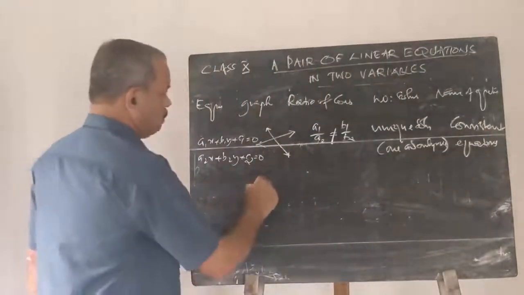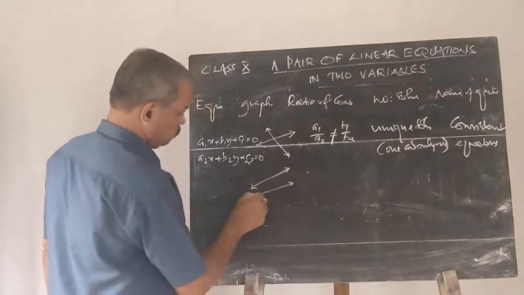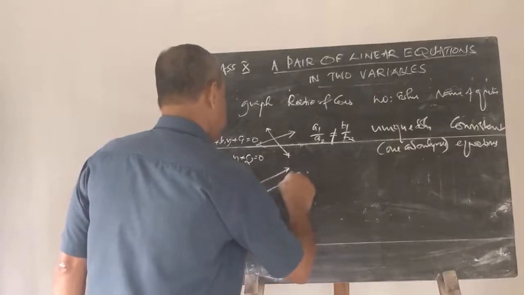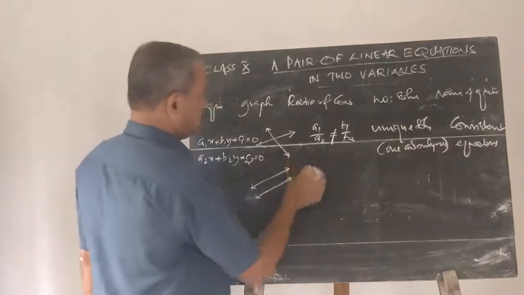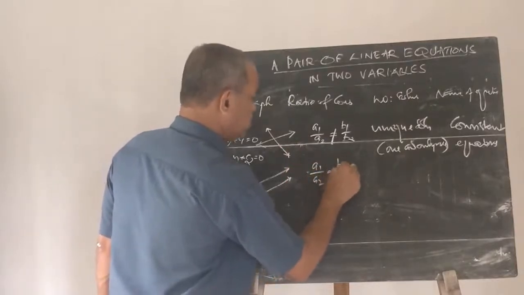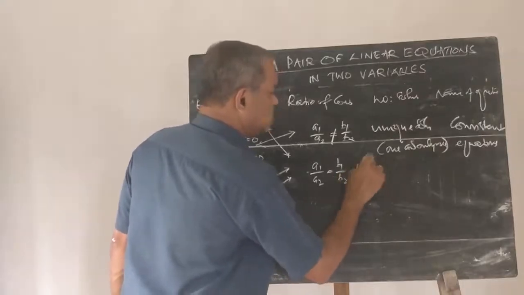Second, parallel lines. Graph of parallel lines. Nature of the ratio of the coefficients: a1 by a2 equal to b1 by b2 but not equal to c1 by c2.